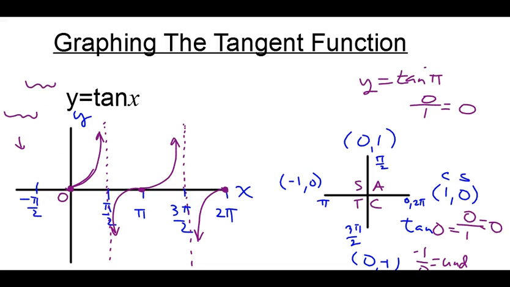Well, the negative first quadrant is the same thing as the fourth quadrant, and since tangent is negative in the fourth quadrant, it'll be negative in the negative first quadrant. And so I know that this graph is going to come down. Again, because negative pi over 2 is the same thing as 3 pi over 2, there must be a vertical asymptote there. And what I see here is another graph to the left that goes down from that point.